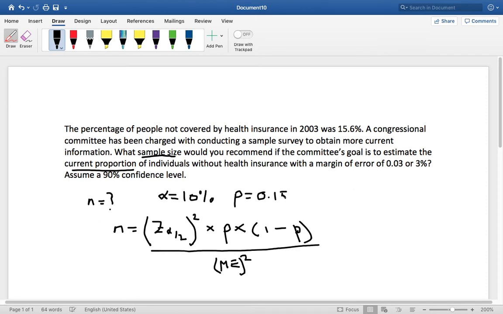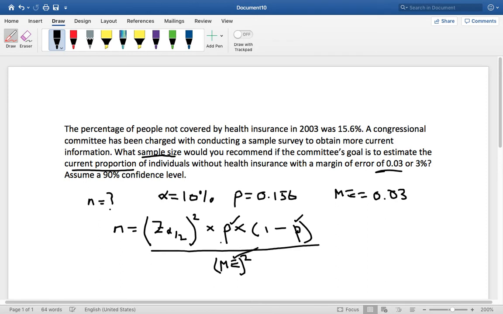I don't have anything else. Always use the best information available to me. And we are told that the margin of error is 3%. So I can just put the margin of error equals 0.03.